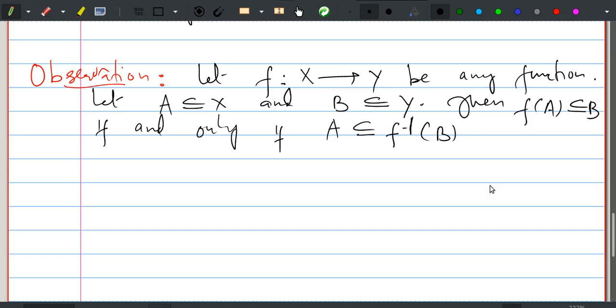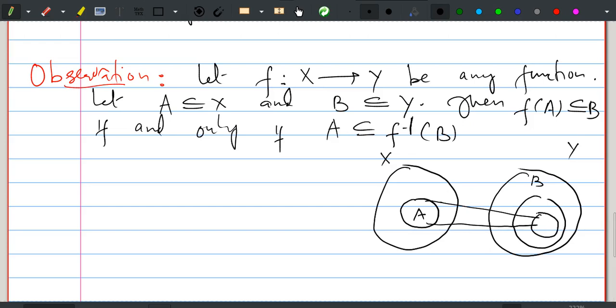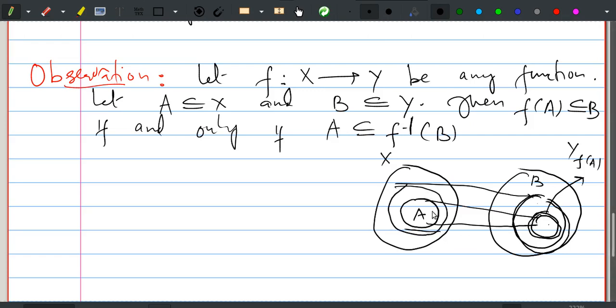Here we have this is X, this is Y, and here this is subset A, and this is subset B of Y. Now it is given that this A is contained here, so this is f of A. So if f of A is contained in B, so the inverse image of this subset, i.e. if we take f inverse of B, this will be a subset over here, and that subset has to contain A, otherwise this won't be possible.